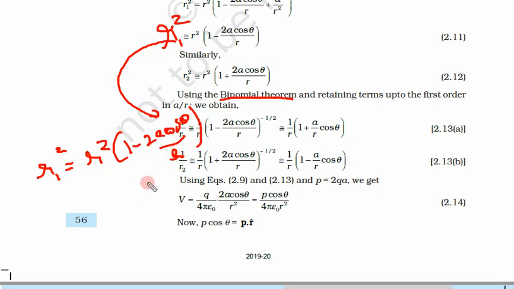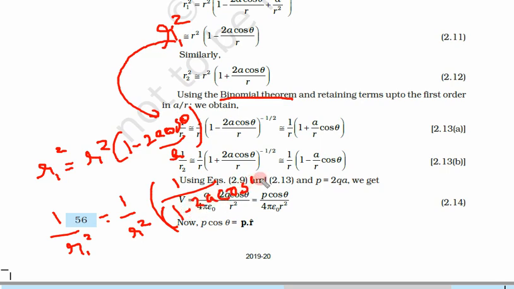Now if we take all these things into the denominator, this is simply 1 by r1 square equals 1 by r square, and 1 upon 1 minus 2a cos theta upon r. So this is all that we had.